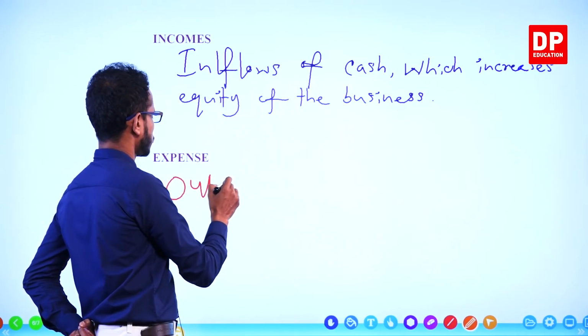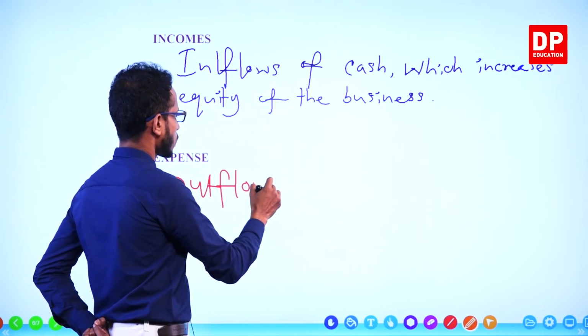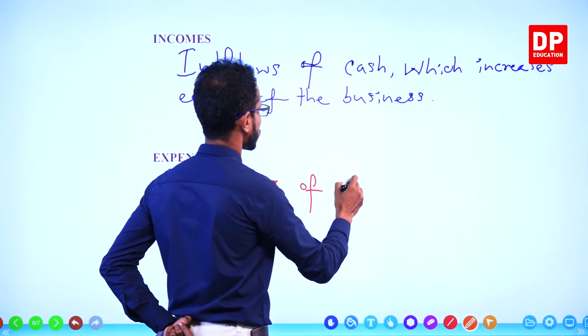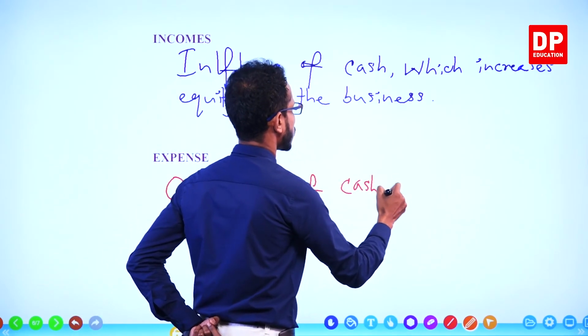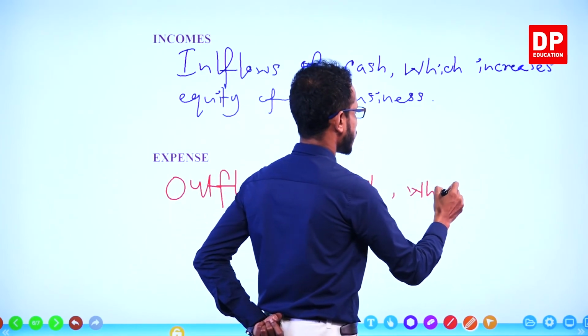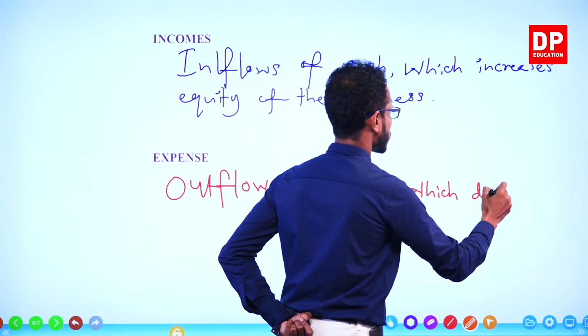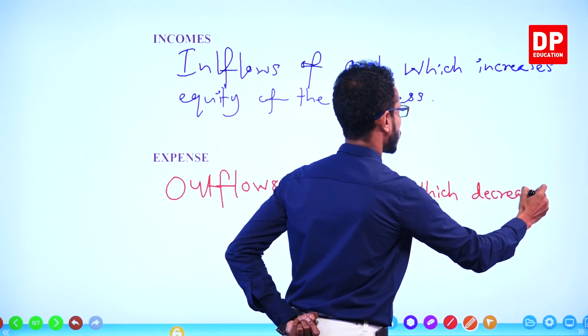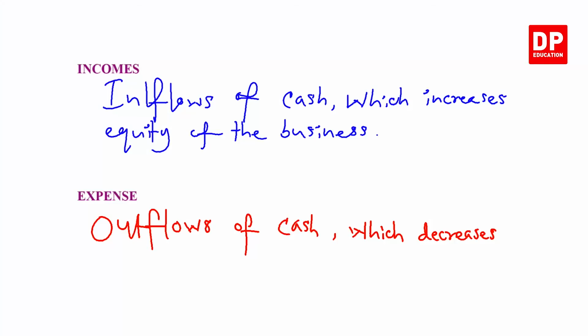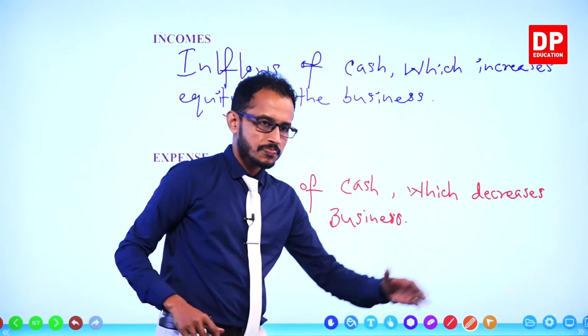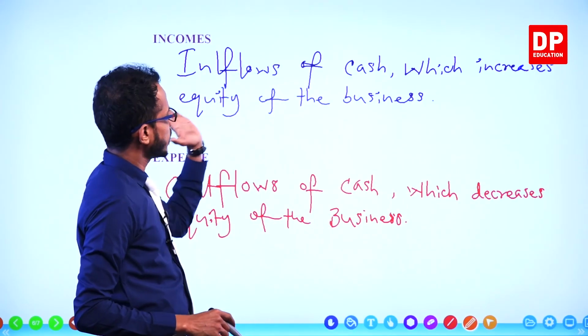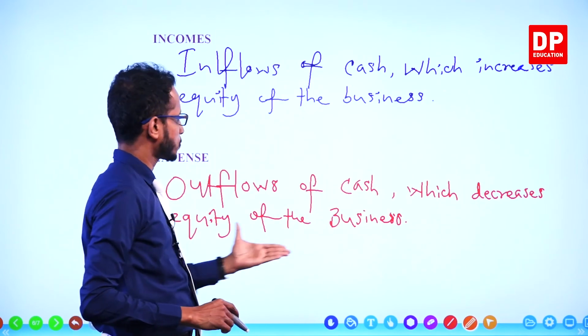Outflows of cash which decreases the equity of the business. There you go, children. Incomes and expenses.